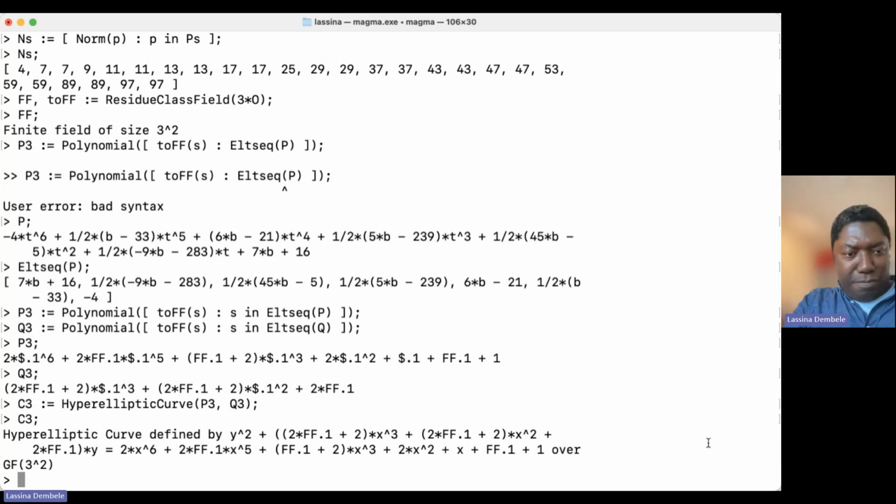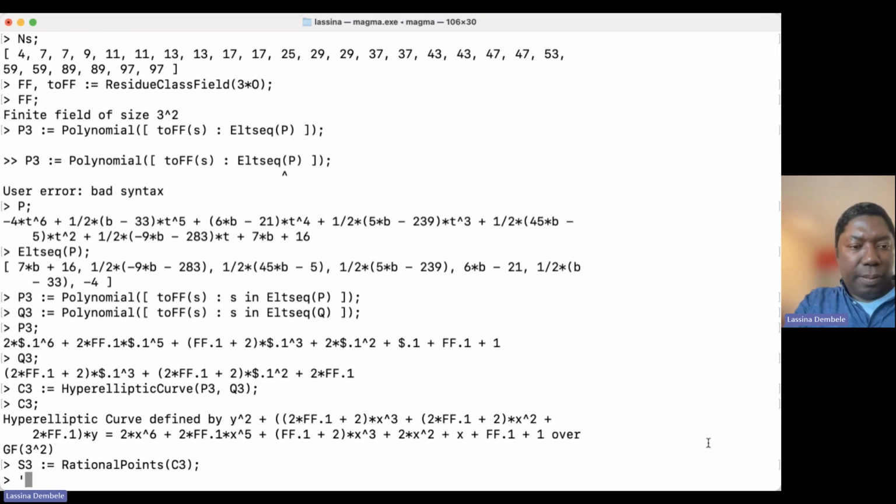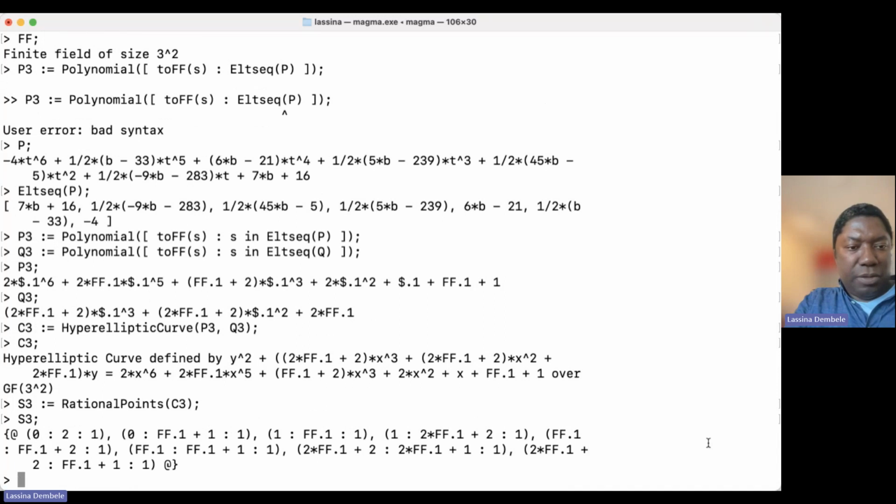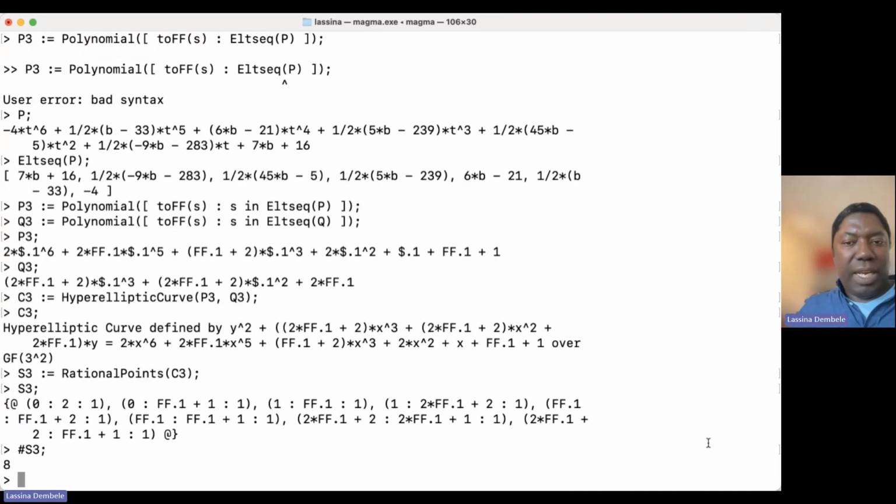So we can ask for the set of rational points on, if I call this C3, the set of rational points on C3, and we get 8 points.